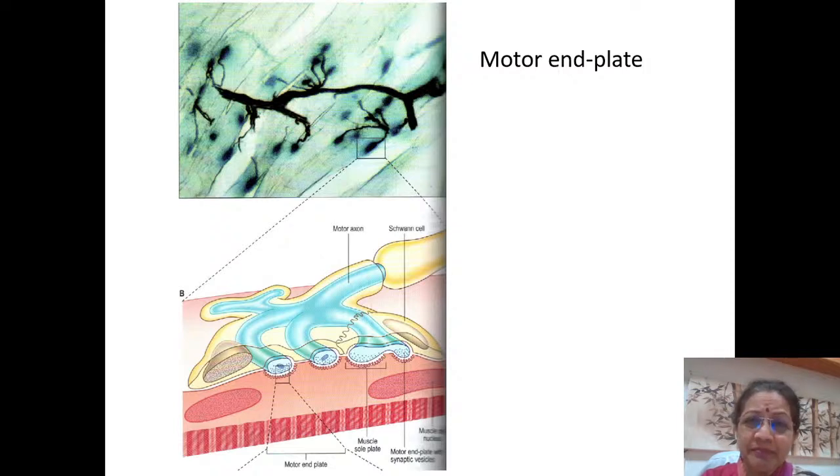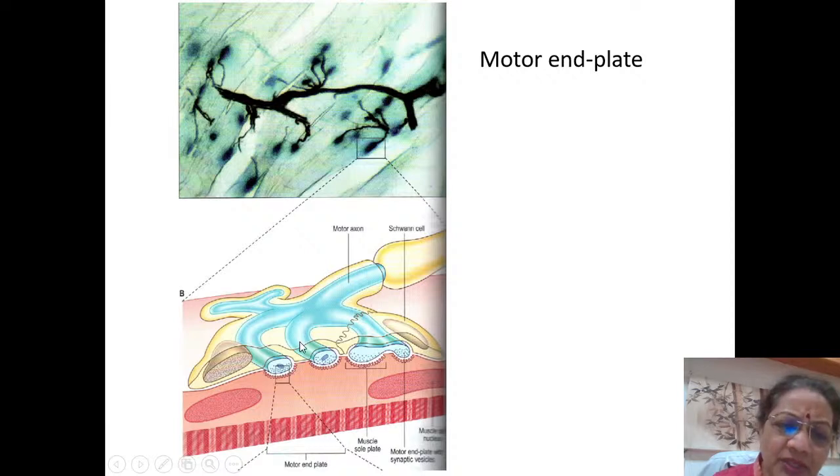When they're so tightly abutting on each other, the instructions in one must not get confused with the instructions in the other, which is why they have to be insulated from each other. So this myelin sheath is a lipid material, again very sophisticated biochemistry, which makes sure that impulses in one neuron ending are not communicated to instructions in the other neuron ending. Both of them can function independently of each other, even if they are running in very tight juxtaposition within the same wrapping in a nerve bundle.